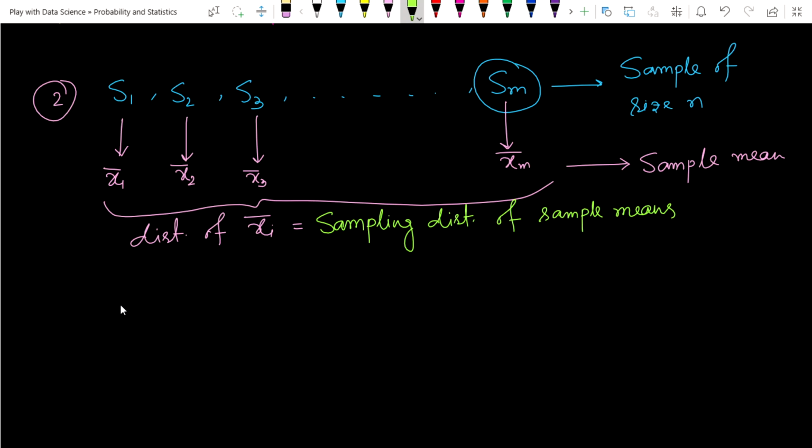To calculate this, the central limit theorem comes into the picture.